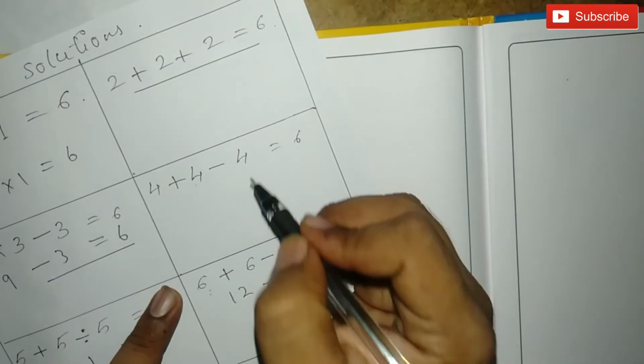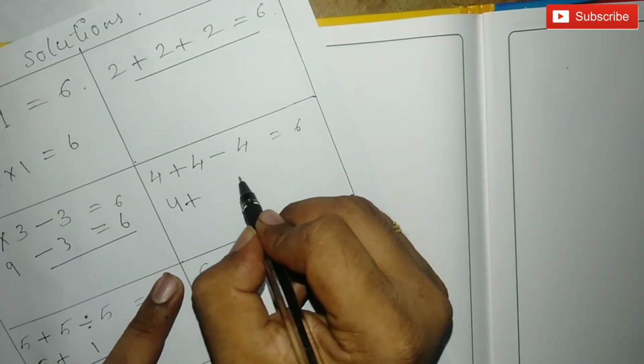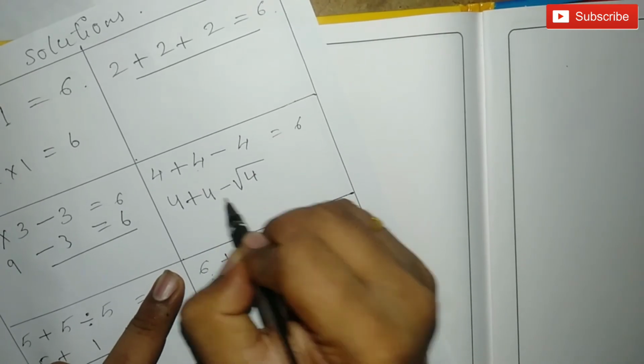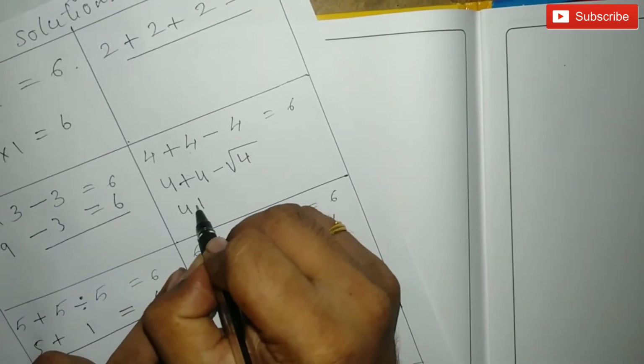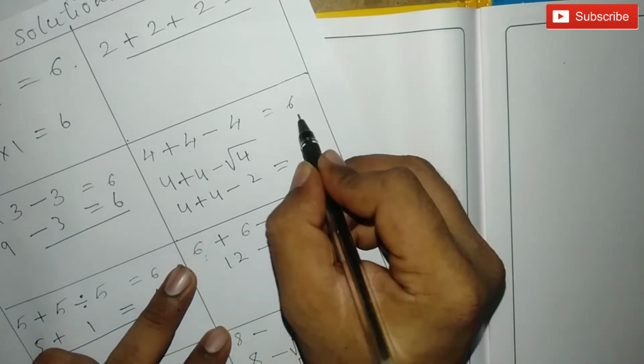So we take 4 plus 4, and add a root. Right? Now tell me what's the answer. It will be 4 plus 4 minus 2. Is it our answer? Yes, it is.